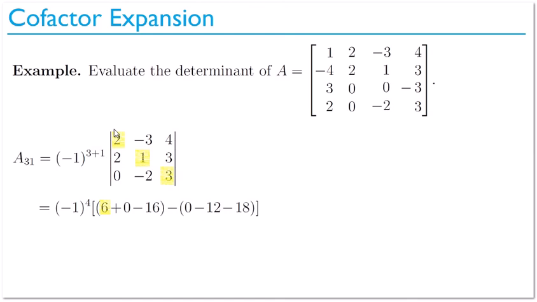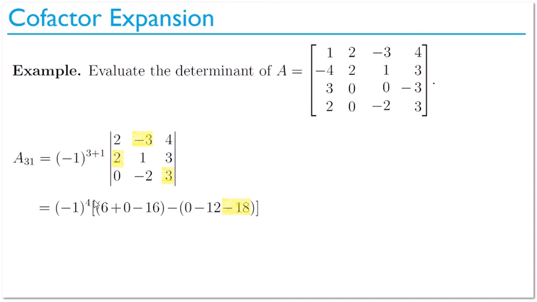Plus the next, negative 3 times 3 times 0, that is 0. Next is 4 times 2 times negative 2, that is negative 16. Minus 0 times 1 times 4, that is 0. Negative 2 times 3 times 2, that is negative 12. And then 3 times 2 times negative 3, we have negative 18.